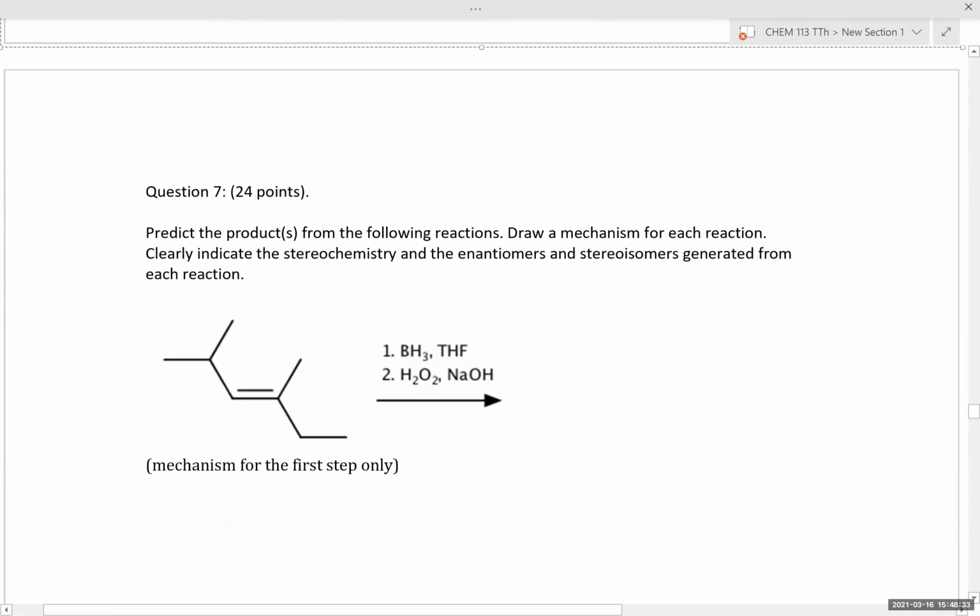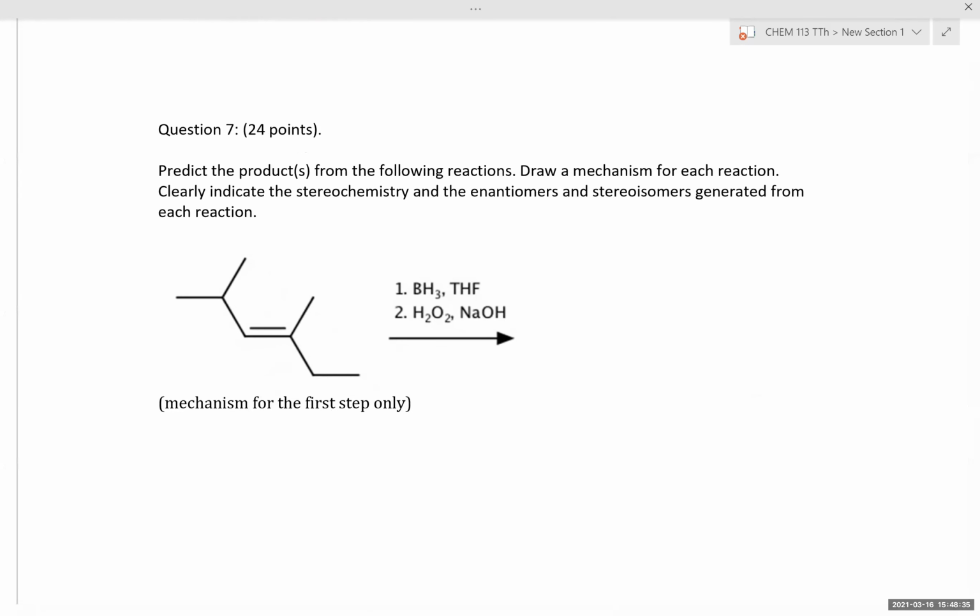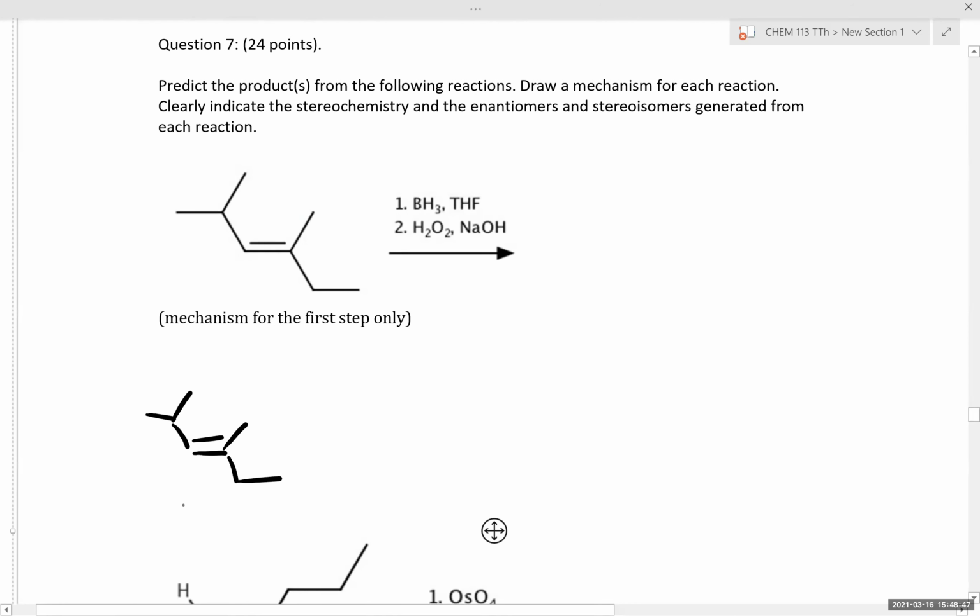Okay, so now we're asked to predict the products. Keep in mind that these alkenes have stereochemistry, so you need to be cognizant of that when drawing out your mechanisms and drawing out your products. So the first step, we're looking at a hydroboration reaction, and the boron in borane will add to the least hindered or least substituted carbon, and the boron and hydrogen are installed with a syn stereochemistry.